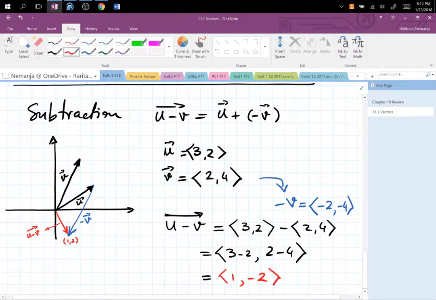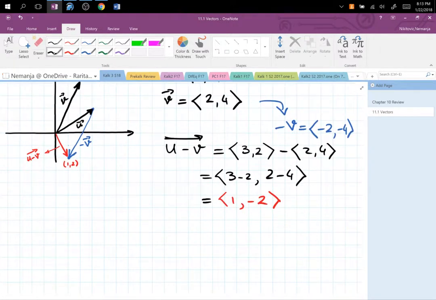We got 1 and -2. So subtraction is actually addition of the first vector plus the negative of the second vector. This is not commutative, and you can try v minus u on your own time, in which case v stays where it is, u gets flipped, and then you again use the head to tail method to add them, and you will get something else.